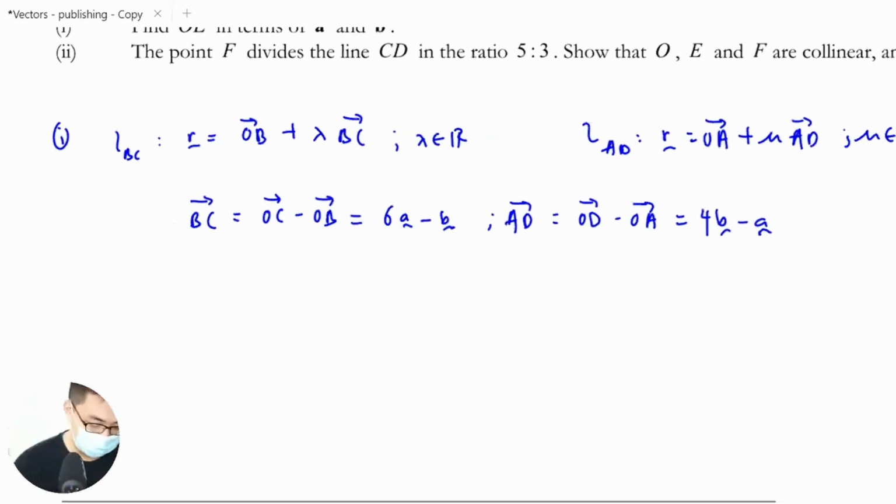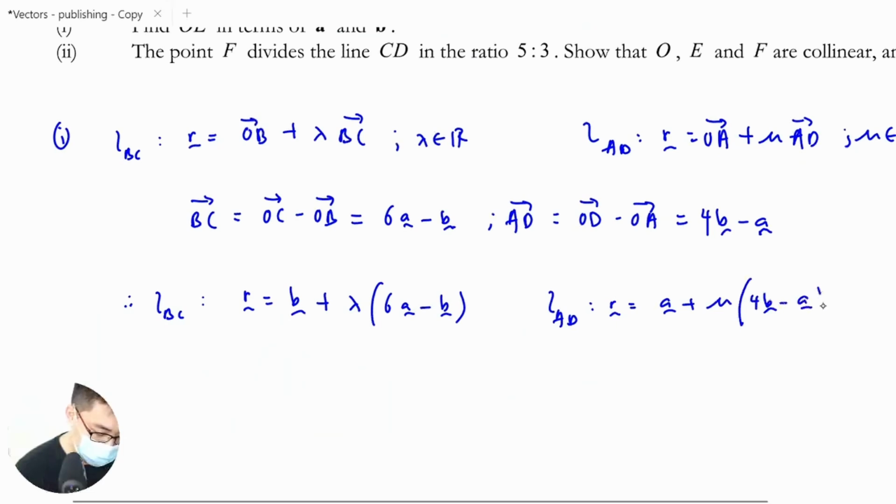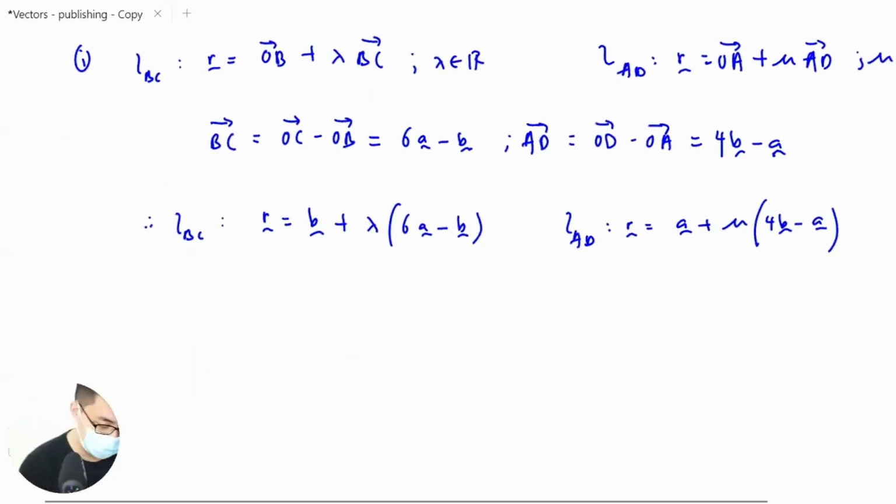So line BC, okay. What to do next? To find OE, yeah, you sub LBC equals to LAD.